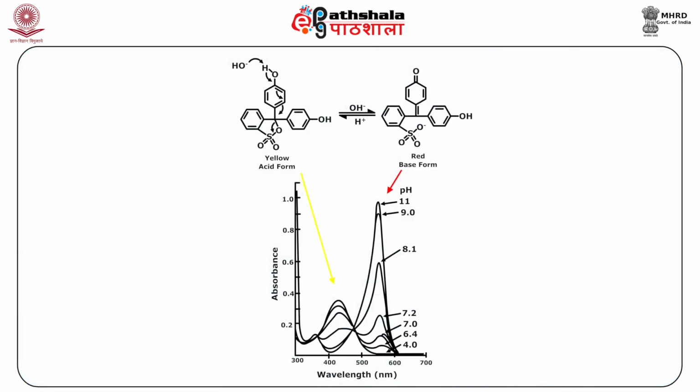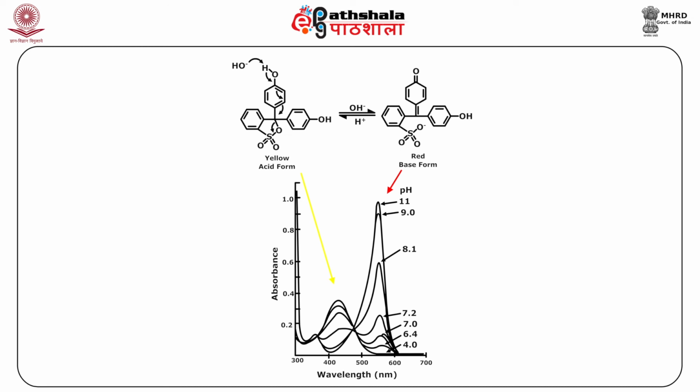For example, phenol red undergoes a resonance makeover when changing to the basic variety, which is red in color, from the acidic, which is yellow in color.